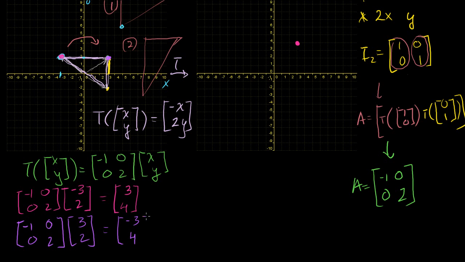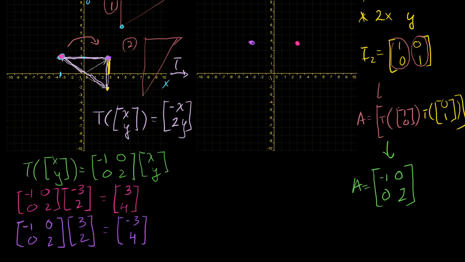So this point, by our transformation T, becomes -3, 4. I kind of switched in my terminology. You could say it's mapped to, if you want to use the language that I used when I introduced the ideas of functions and transformations. This point is mapped to this point in R2.